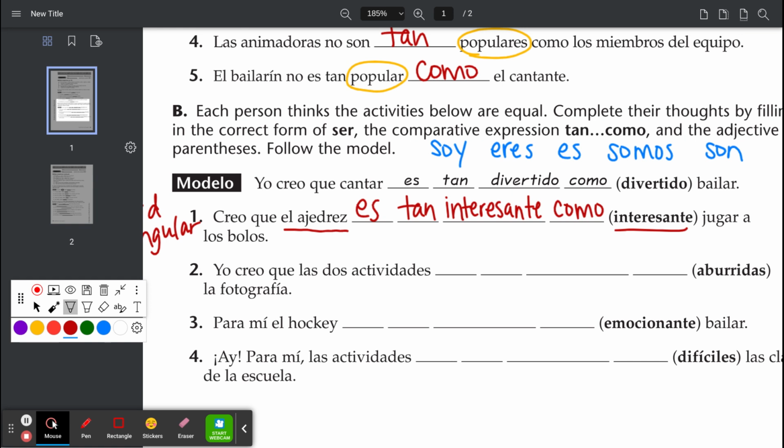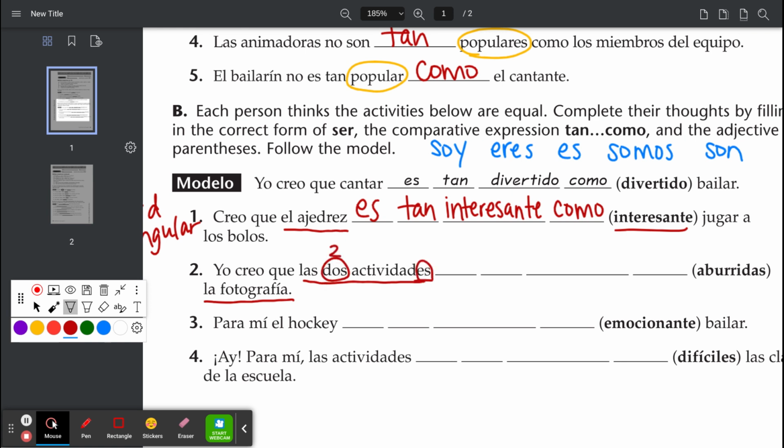All right, number two. Yo creo que las dos actividades blank, blank, blank, blank, and we're going to use aburridas, la fotografía. So we are comparing las dos actividades with la fotografía. Las dos actividades is plural because we have dos, which means two.